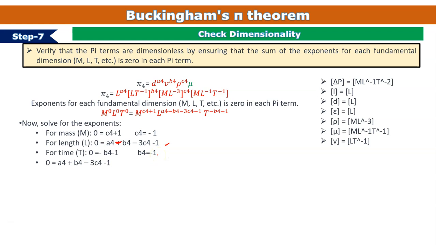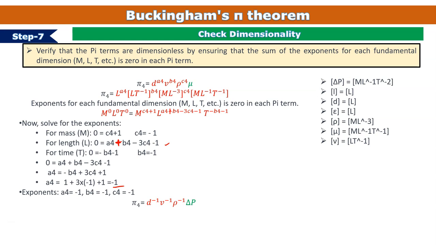For length, the left hand side is 0, and the right hand side is a4 plus b4 minus 3c4 minus 1. So a4 will be minus b4 plus 3c4 plus 1. Now if we plug in these values, a4 will be minus 1. So ultimately the exponents are a4 equal to minus 1, b4 equal to minus 1, and c4 equal to minus 1.